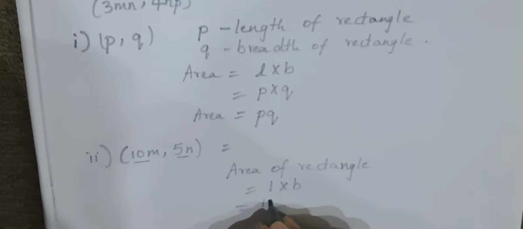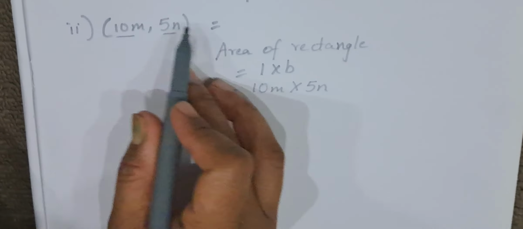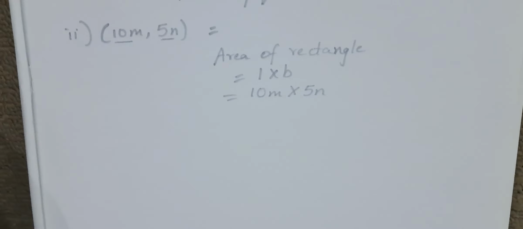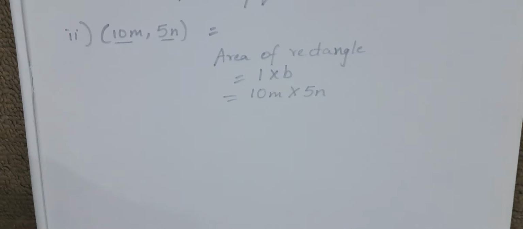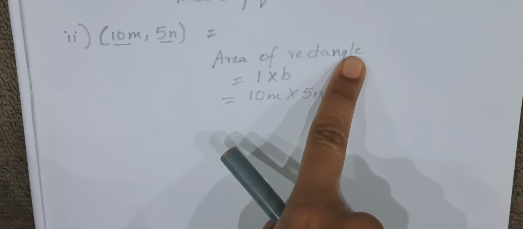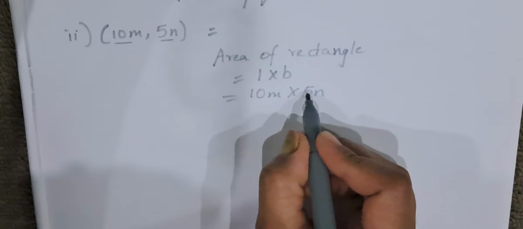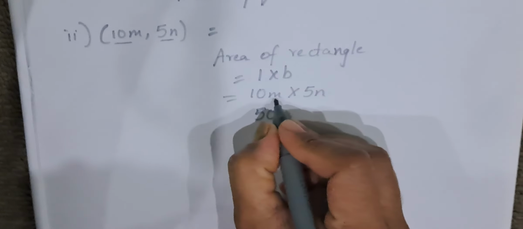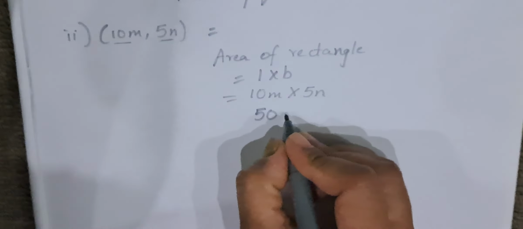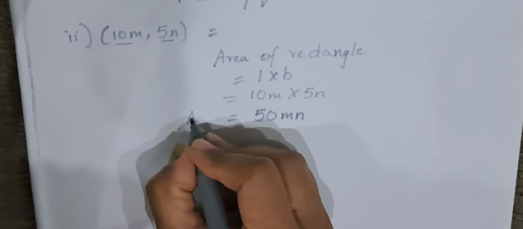That will be 10m times 5n. 10m is the length of the rectangle, 5n is the breadth of the rectangle. So to find the area, we have to multiply them both. 10m into 5n. So it is easy. 10 times 5 is 50. m term is one time, n term is one time. So we will write it as it is, mn. So 50mn is the area of the rectangle in the second sum.